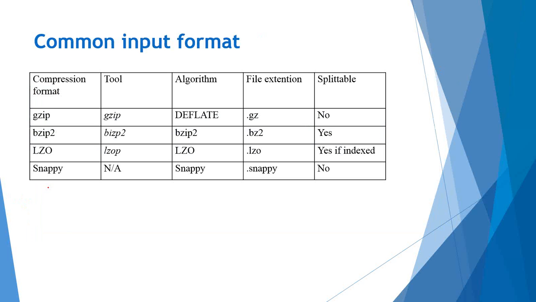Let's talk about the different compressions which are available by default for you. Gzip is the default compression. bzip2 and gzip are compressions which give you a high compression level.